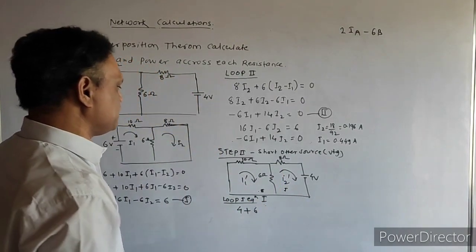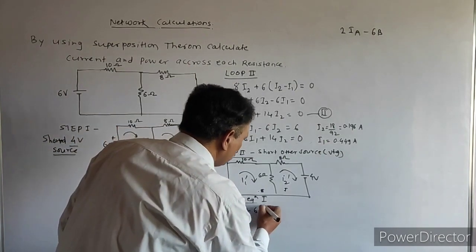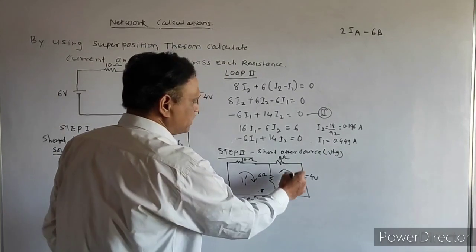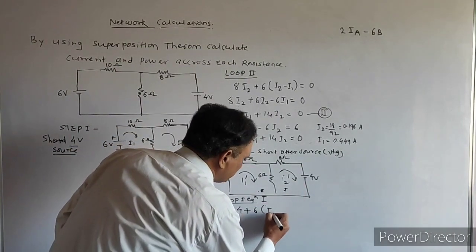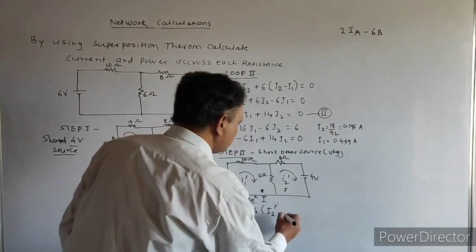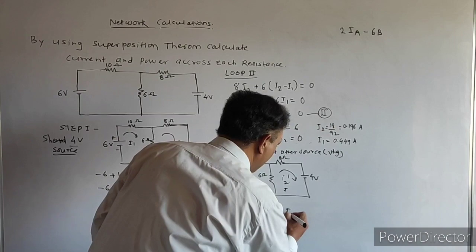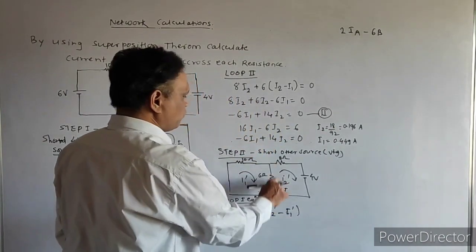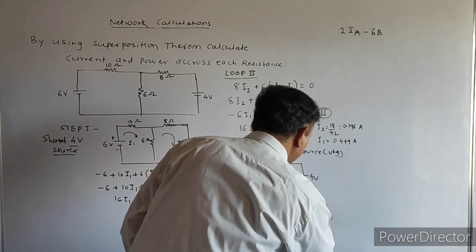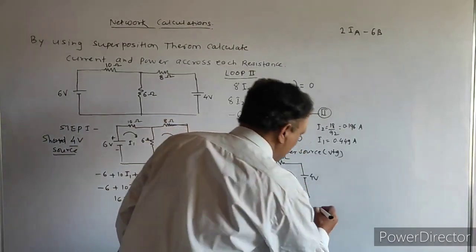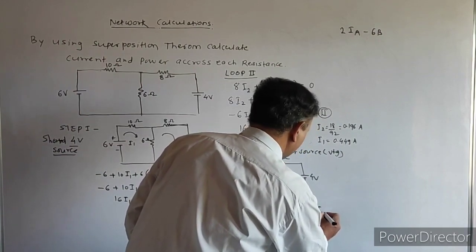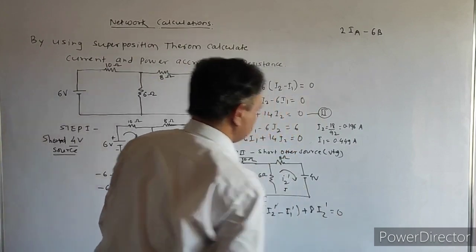So this is 6 into, now as we are calculating for the I2 dash loop, I2 dash has to be treated as the greater value, minus I1 dash, because I1 dash will also flow in this resistor. So plus 8 into I2 dash is equal to 0.